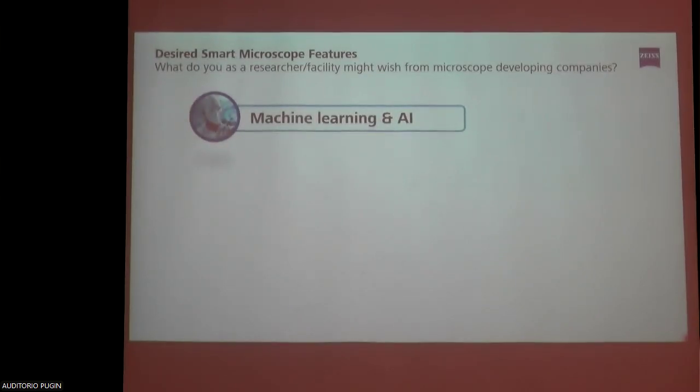So if we summarize that now into different chapters, and that's what I'm going to do now, we can maybe start with some features and some technologies that are already available in the field of machine learning and AI.